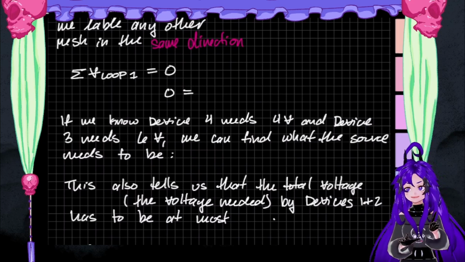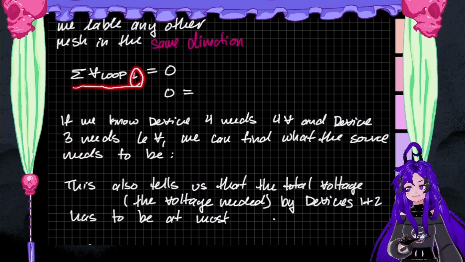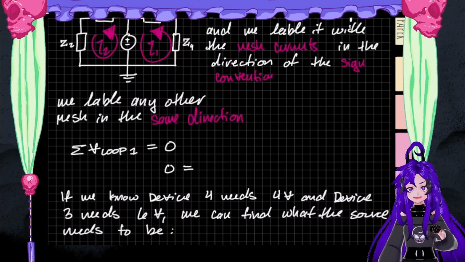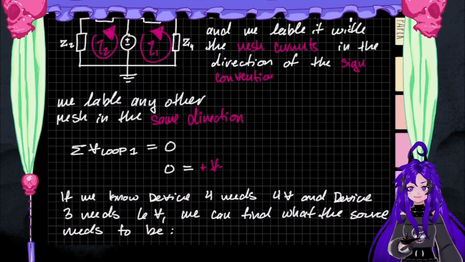This is our equality. So we're going to say that the sum of voltage around the first loop is 0. And so 0 equals, all right, we're going to go around. We're going to start at the source because, following this loop, we go into the source at the positive side. So positive V source.